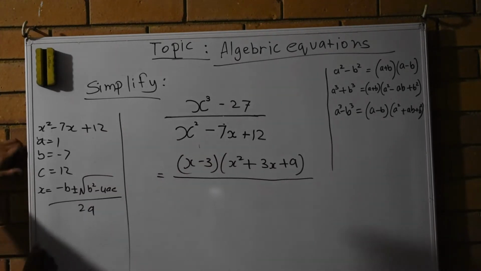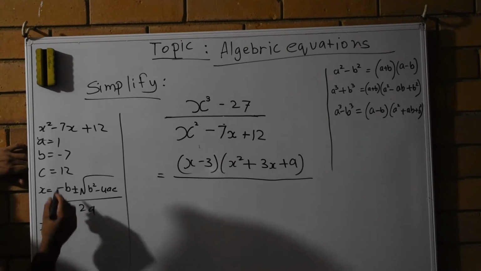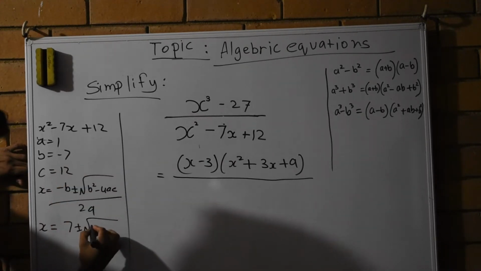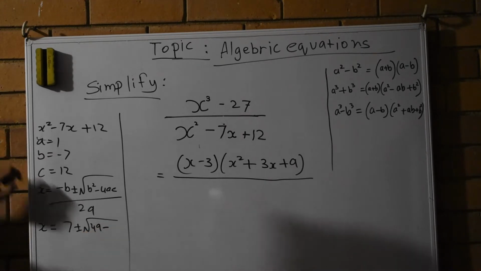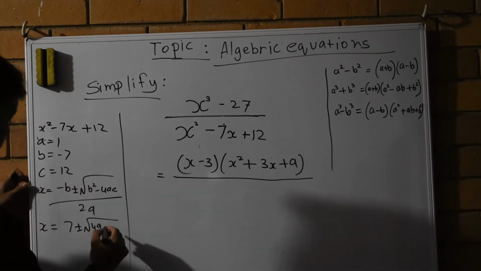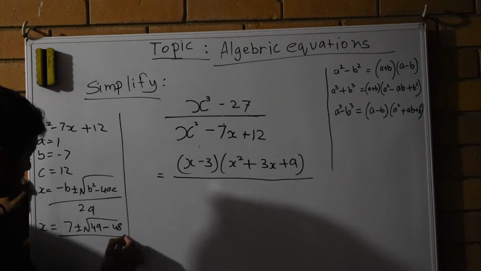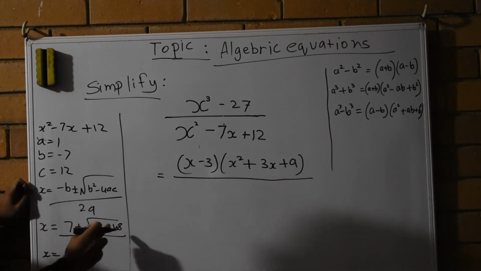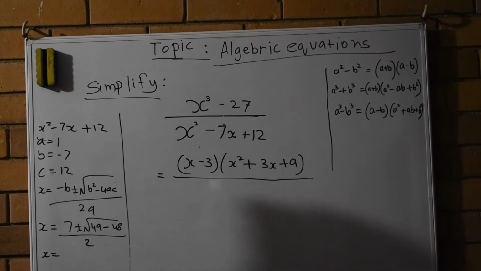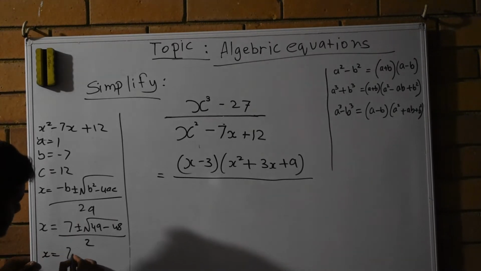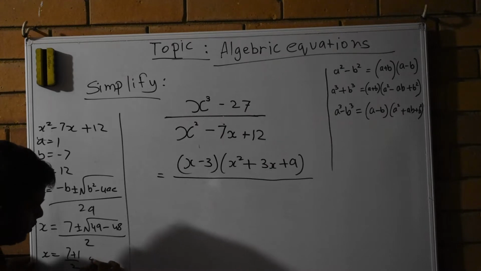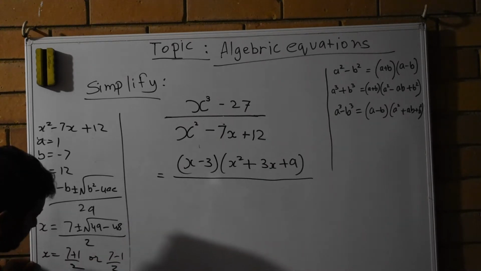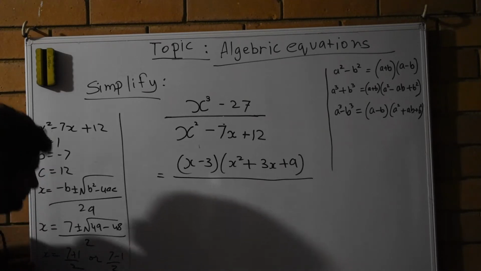In this case, x would be equal to 7 plus or minus the square root of 49 minus 48, divided by 2. 49 minus 48 is 1, so it's 7 plus 1 over 2 or 7 minus 1 over 2. X equals 4 or 3.